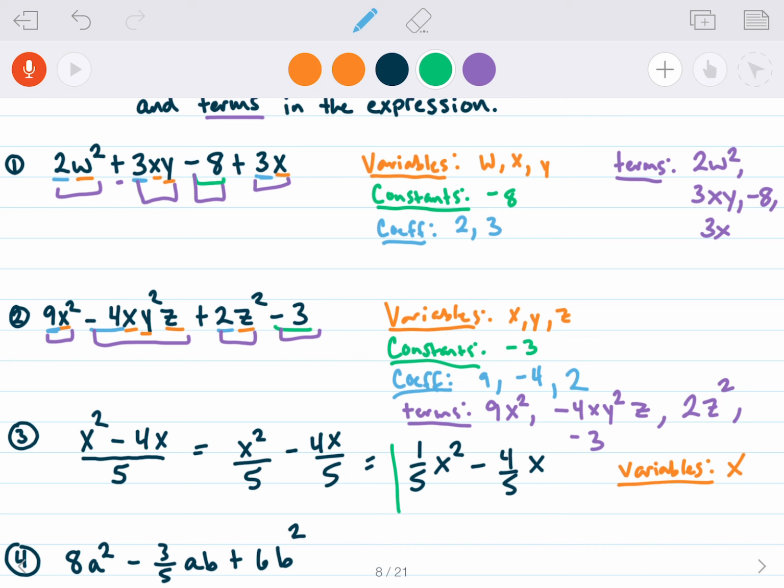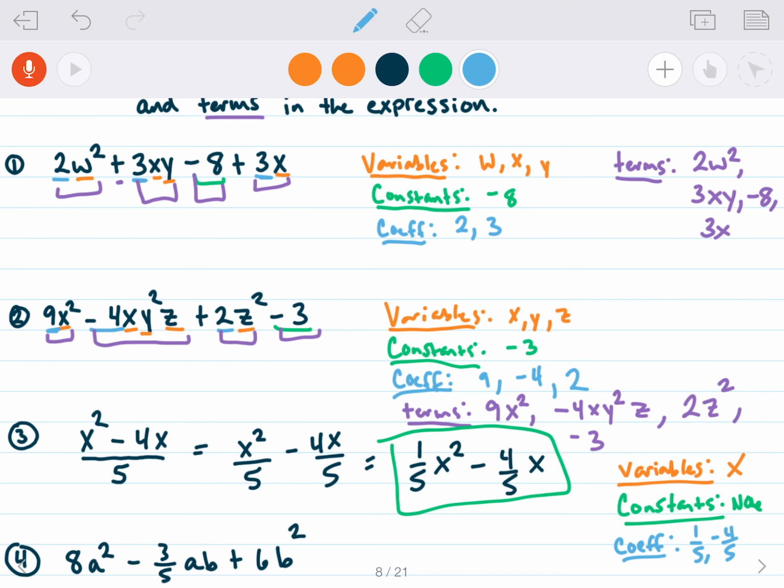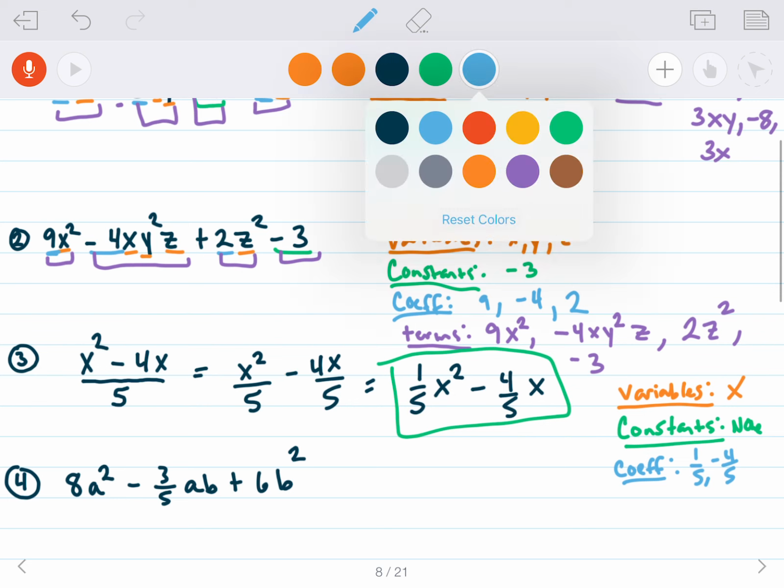The constants: we don't have any constants, because there's no number that's just by itself without a variable attached. The coefficients are the numbers attached to the variables. We have two: 1/5 is attached to x squared and negative 4/5 is attached to x. Those are our coefficients. Our terms, we have two of them.